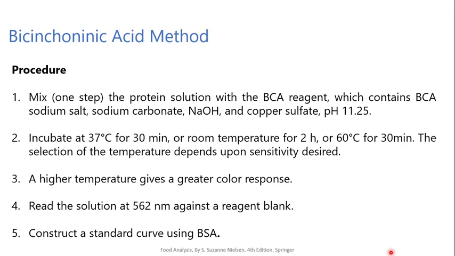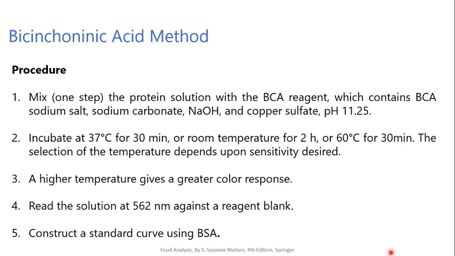Then we have to incubate it at 37 degrees Celsius for 30 minutes, or room temperature for 2 hours, or 60 degrees Celsius for 30 minutes. The selection of the temperature depends upon the sensitivity desired. The higher temperature gives the greater color response, and accordingly we have to use the methods.